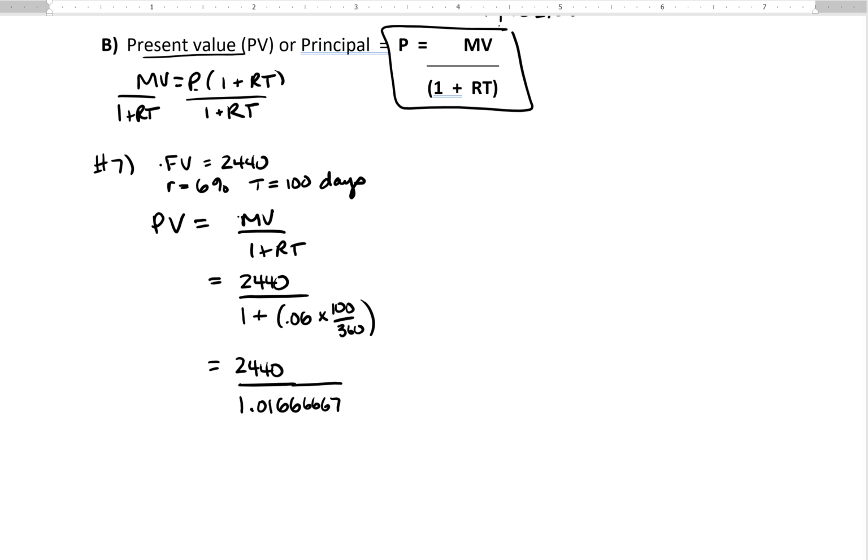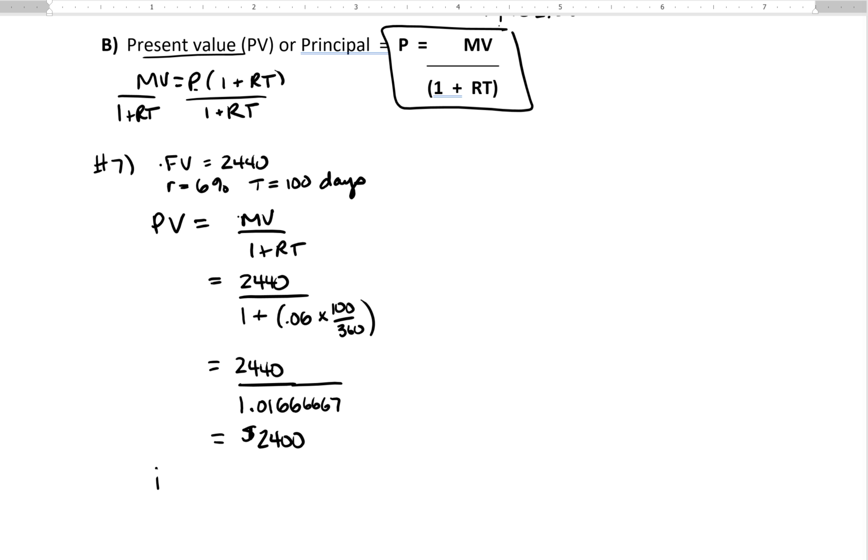So just leave that decimal full as it is in your calculator. I'm just rounding here for purposes of writing it out. And so that is $2,400. So $2,400 borrowed principal at 6% interest for 100 days is a total maturity value or future value of $2,440.